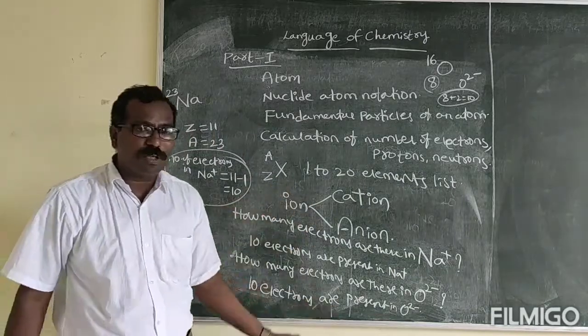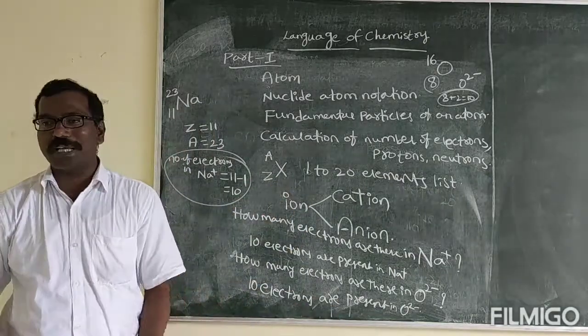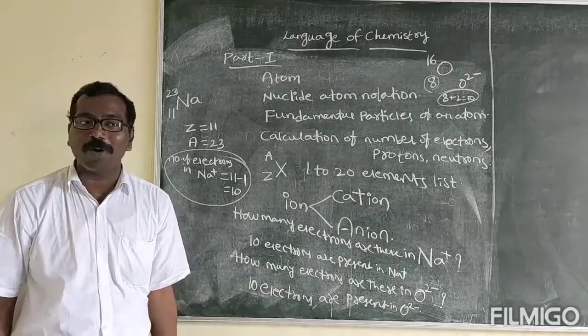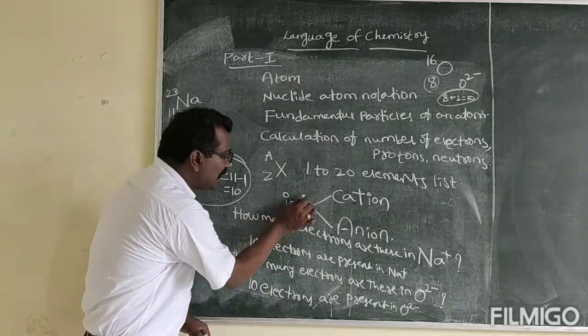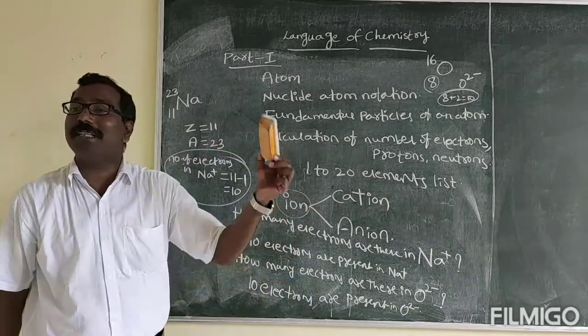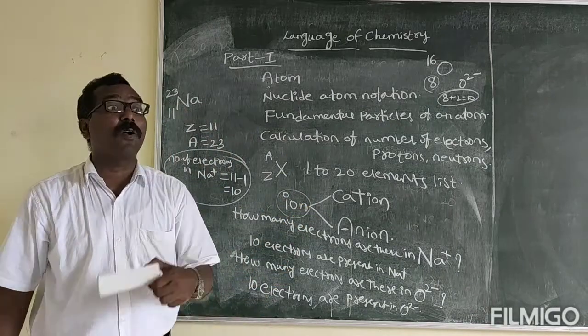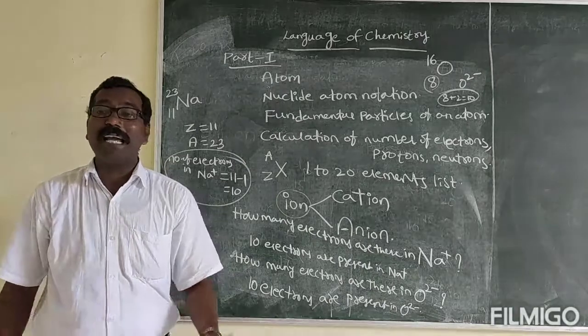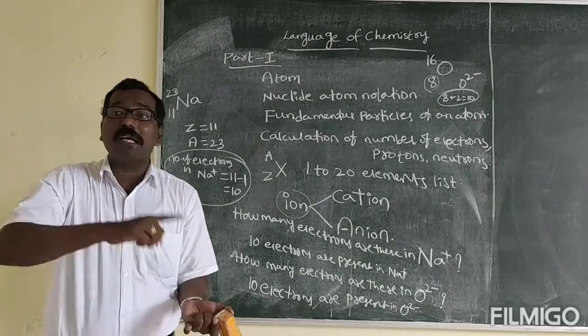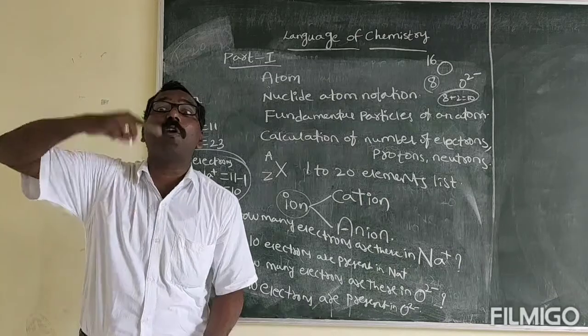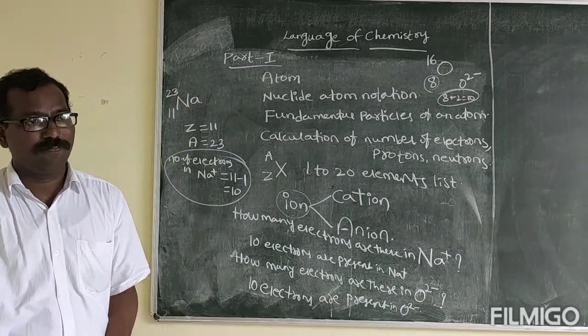Any change in neutrons? No change at all. Any change in protons? No change at all. Why? Because we had the discussion of ions only with respect to electrons. When an atom becomes an ion, it gains or loses an electron or electrons.